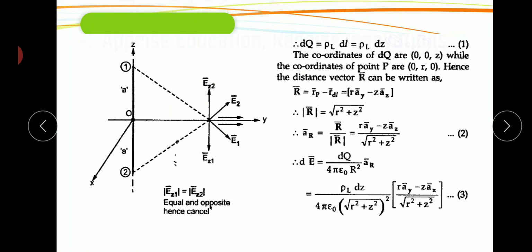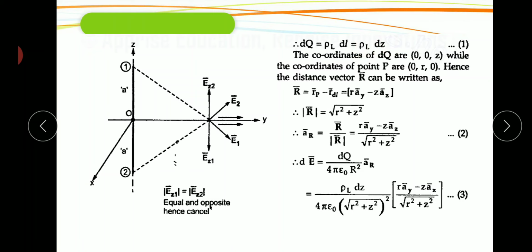So dq is equal to, we have already known the line charge distribution formula, rho l dl. Now the smallest differential length value in this case is dz, so dq is equal to rho l dz.